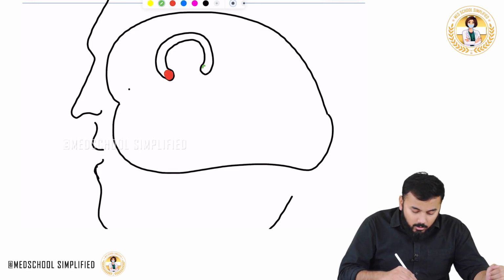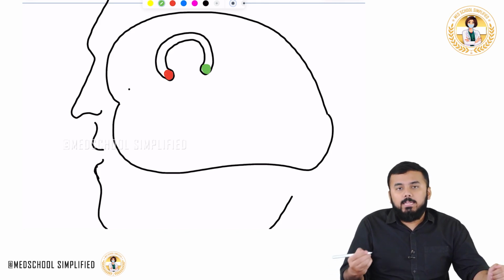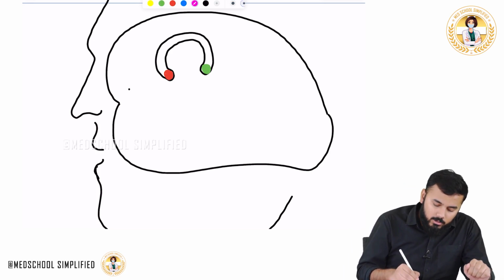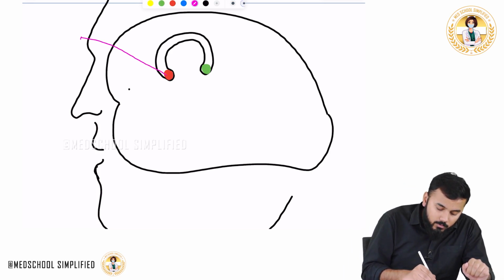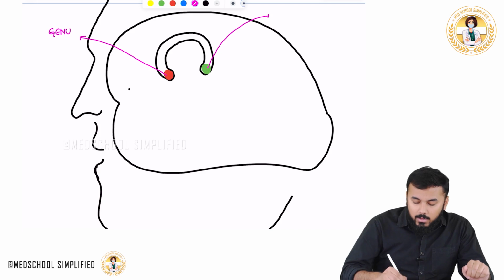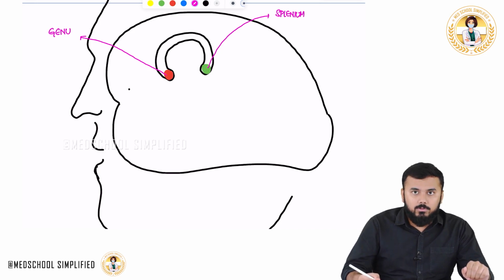At the tail end you can see one more important thing, called the splenium of the corpus callosum. So two important things: this part is the genu of the corpus callosum, and this part is the splenium of the corpus callosum.